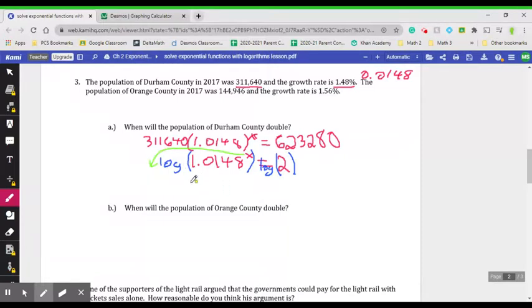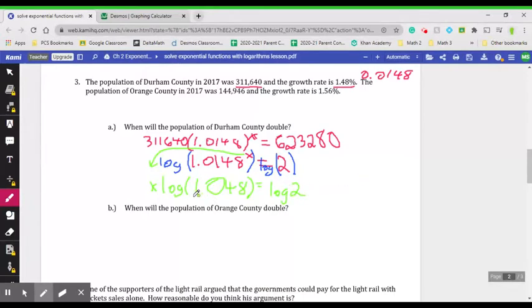So we would have x times the log of 1.0148 equal to log of 2.